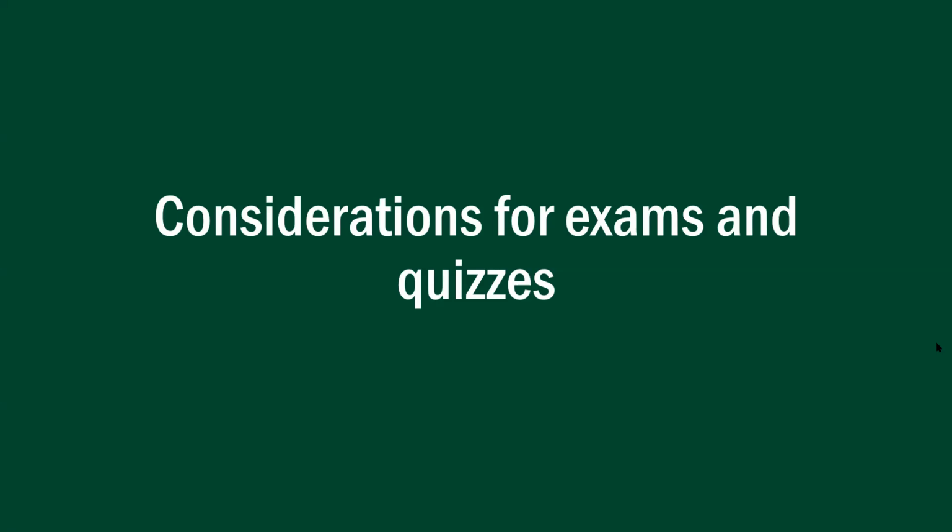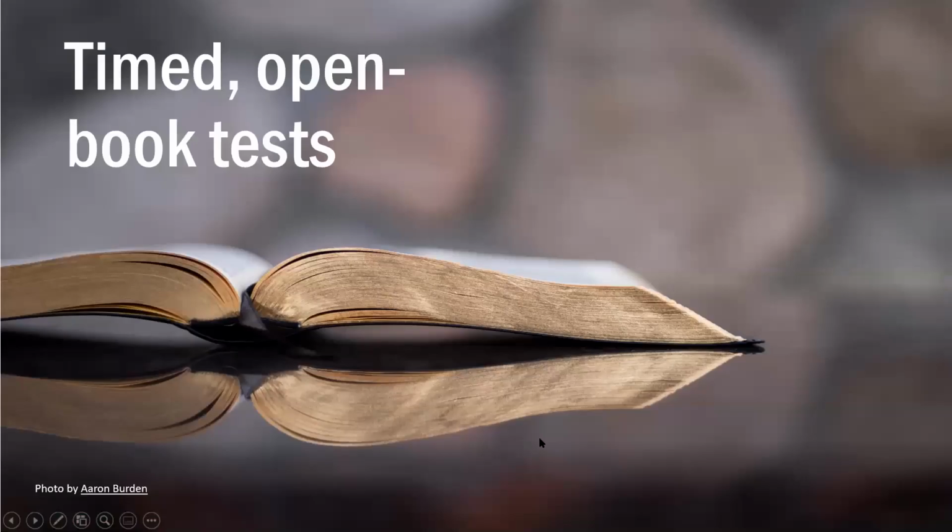So the first thing I want us to think about are timed open book tests. So the idea behind this is kind of leaning into the online testing environment and embracing students' capacity to access course materials and other resources. Open book tests obviously allow students to have a text and even online material available for reference.